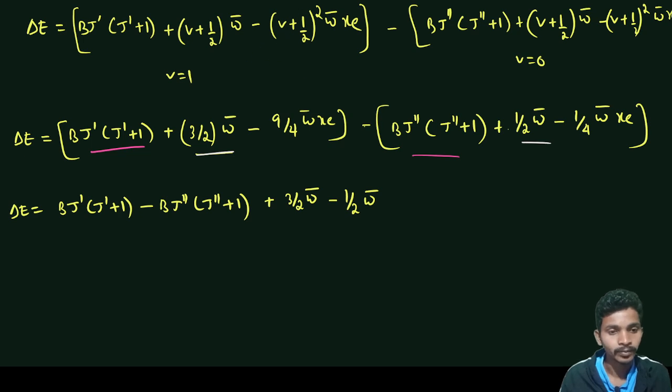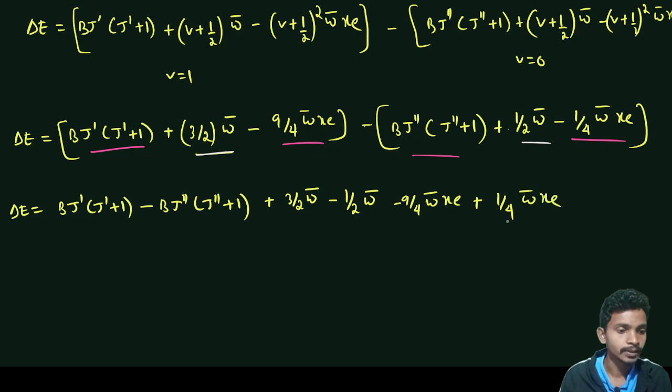Then minus 9 upon 4 omega xe, and minus becomes plus, so plus 1 upon 4 omega xe. Now let's put this together, so can I write this value first?